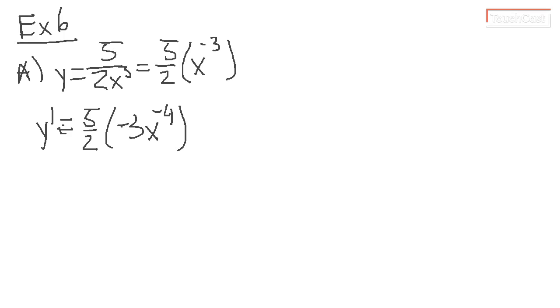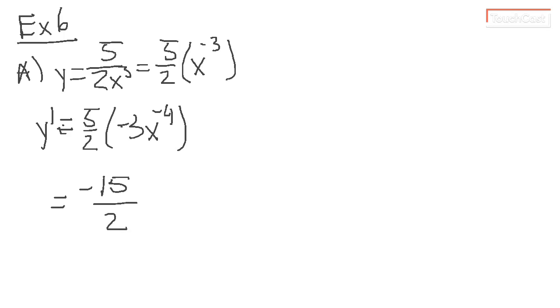Now what we're going to do is we're going to simplify this. We're going to do any multiplying we need to do and put any negative exponents where they're supposed to be. So if we multiply 5 halves by negative 3, we're actually going to get negative 15 over 2.